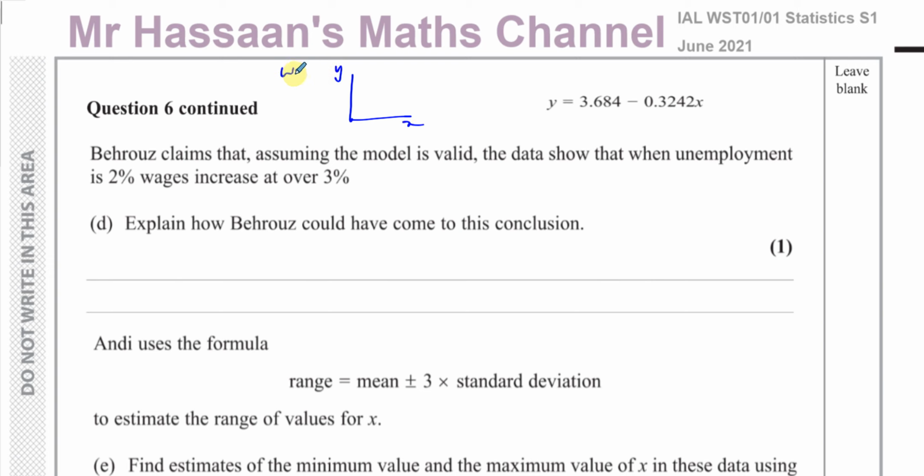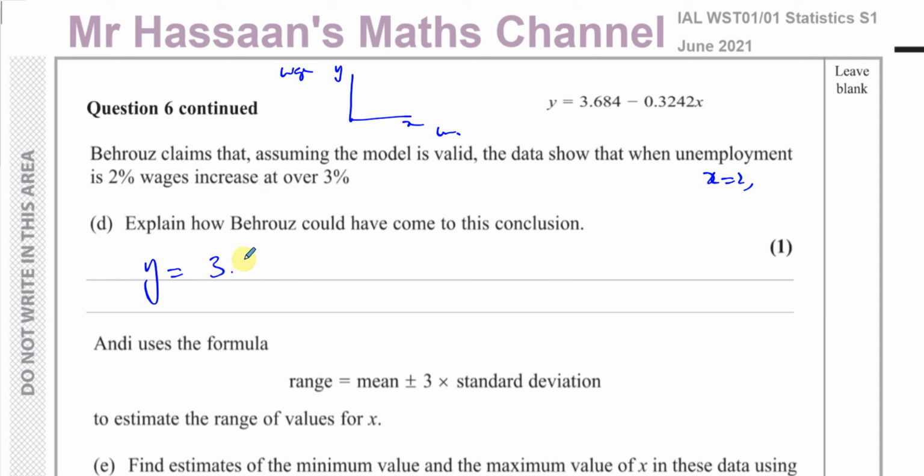This is the wages, and this is unemployment. So when X equals 2, Y is going to be over 3. Let's see if that actually is borne out by the equation.